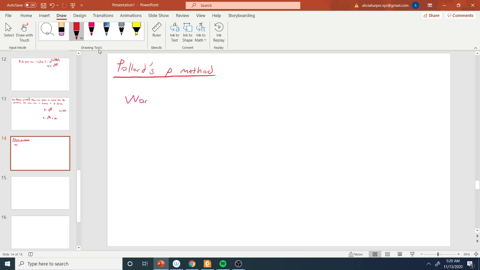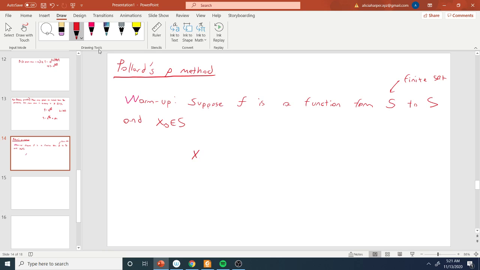And this warm-up is basically just an exercise in understanding functions. So suppose f is a function from S to S, where S is a finite set, and little x naught is an element of S. Then we can consider the following procedure.